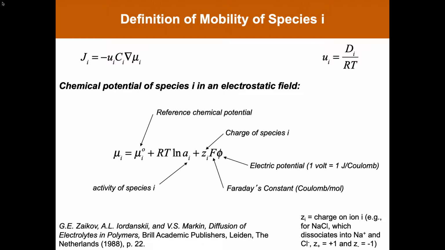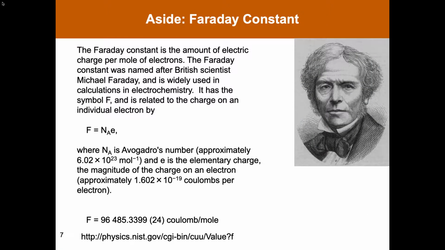And so for sodium chloride, z would be +1 for sodium and -1 for chloride, and that again indicates that an electric field would drive ions in opposite directions depending on their charge. So that's taken care of here.